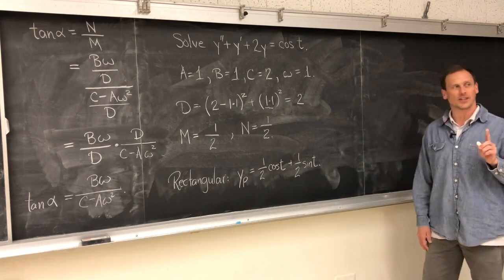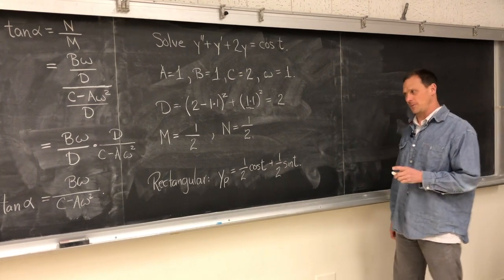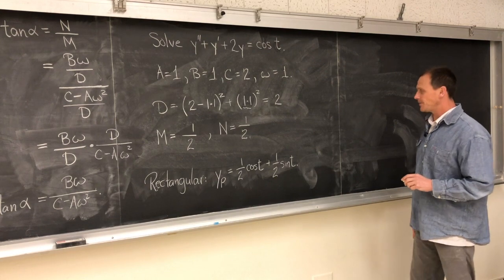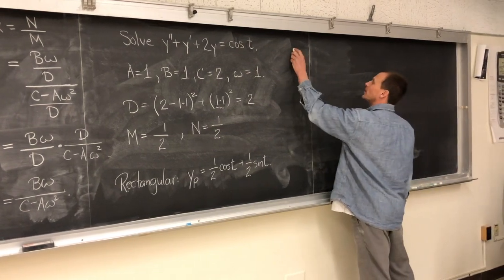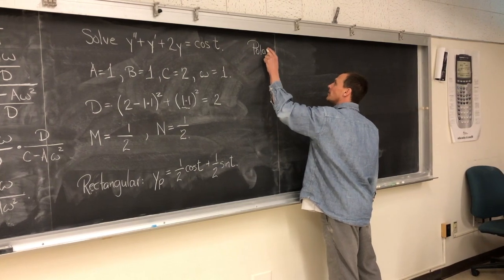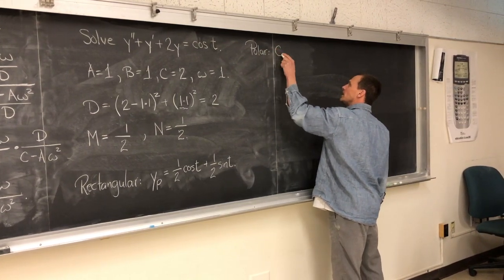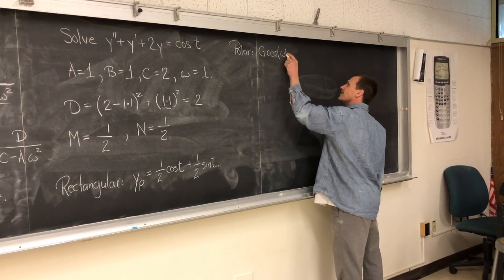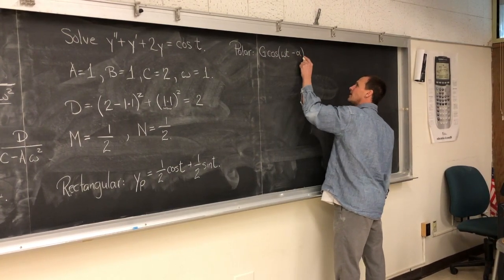Okay. Let's look at our polar form, and you'll see why it's so important. If there's one form you really need, this is it. And here's why. Notice, polar has the form of G cosine of omega t minus alpha.